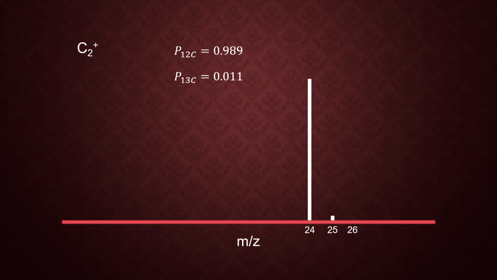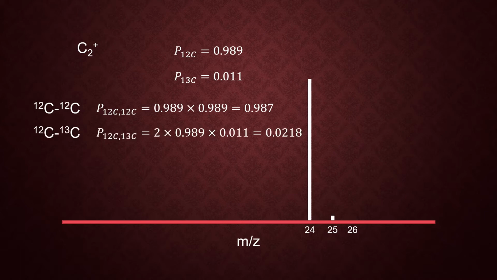So if we start making the diatomic molecule, the probability of having 2 carbon 12s on that molecule is the square of 0.989, namely 0.987. If we look at the combination of 1 carbon 12 and 1 carbon 13, we have 2 times the probability of seeing the carbon 12 times the probability of seeing a carbon 13, namely 0.011 times 0.989.